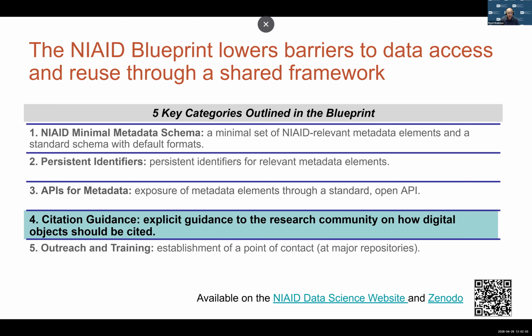I'm not going to tell you all about the blueprint, but there are 5 key categories outlined in the blueprint, and we're focusing today on number 4, citation guidance, which provides guidance to the research community on how digital objects should be cited. Hopefully you can hear the perspective from the GoFair team and a lively discussion to follow. So with that, I will hand it over to our next presenter, and thank you again for joining.